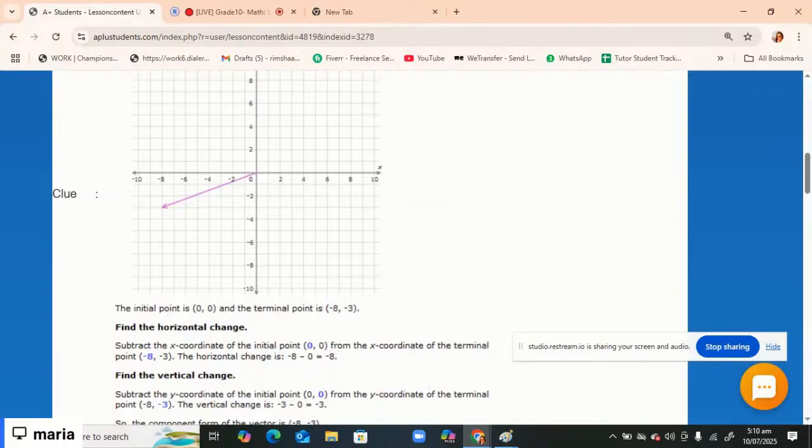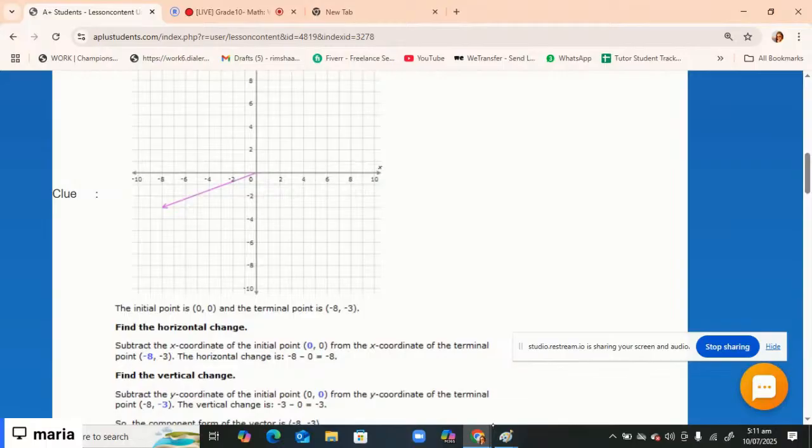Both are negative. Now we find the horizontal change and then the vertical change. There are 2 points given, 0, 0, and minus 8, minus 3. The first one is x and y, where x is minus 8 and y is minus 3, okay?